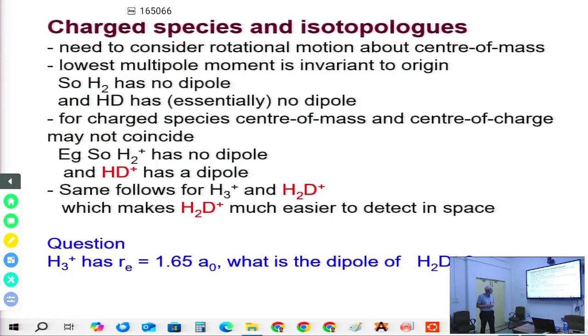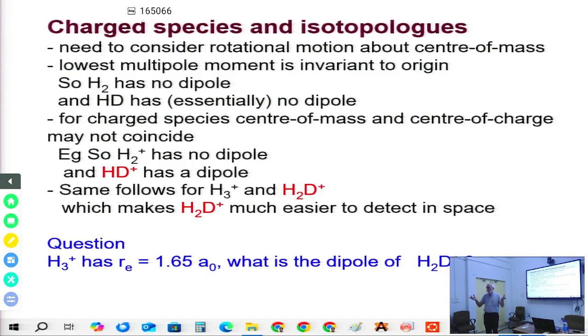Now, interesting for H3+, you get exactly the same. H3+ is known in the interstellar medium to basically promote all the reactions. The very simple mechanism that starts off forming molecules in the interstellar medium from nothing is that you have a load of hydrogen. A cosmic ray comes in, ionizes the hydrogen, and gives you H2+.